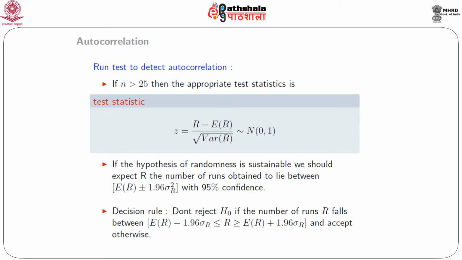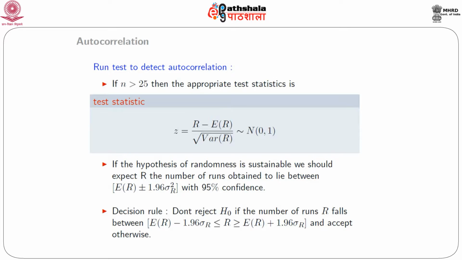In other words, the test statistic is a standard normal test statistic. If the hypothesis of randomness is sustainable, we should expect R, which is the number of runs obtained, to lie between expectation R plus or minus 1.96 times sigma R, where sigma square R is the variance of the number of runs, with 95% confidence. In other words, the interval that I have just defined is the confidence interval with confidence level 95%.